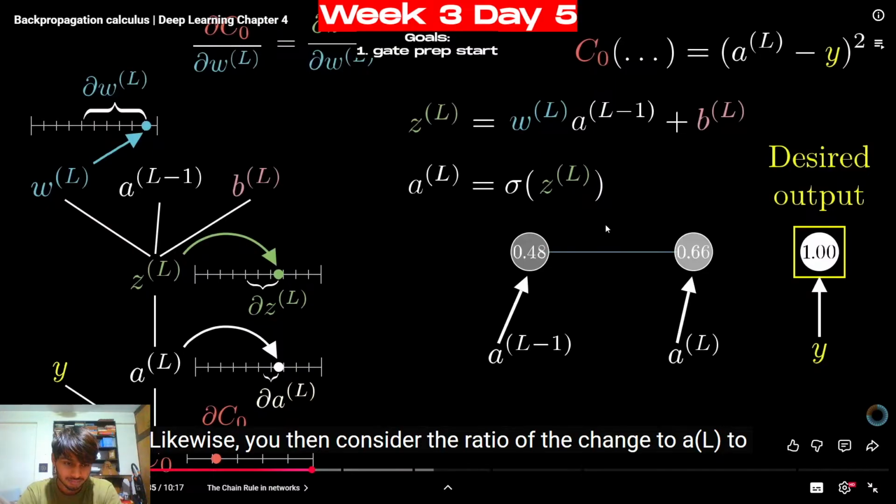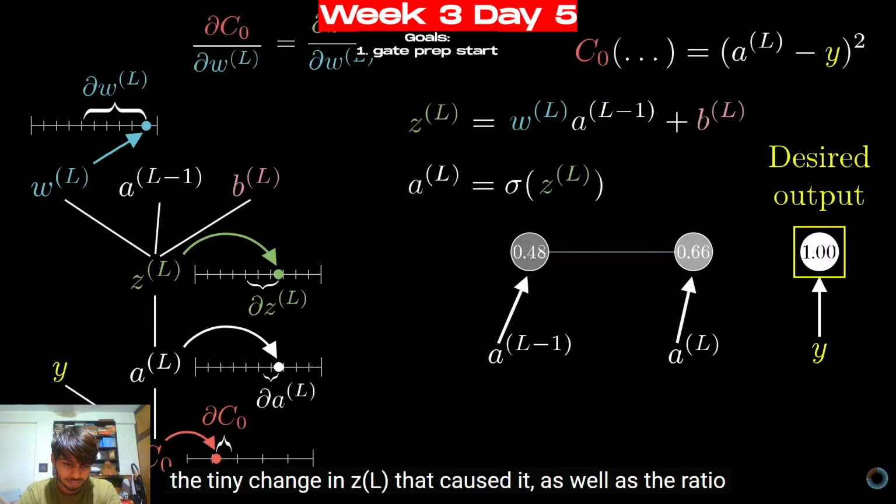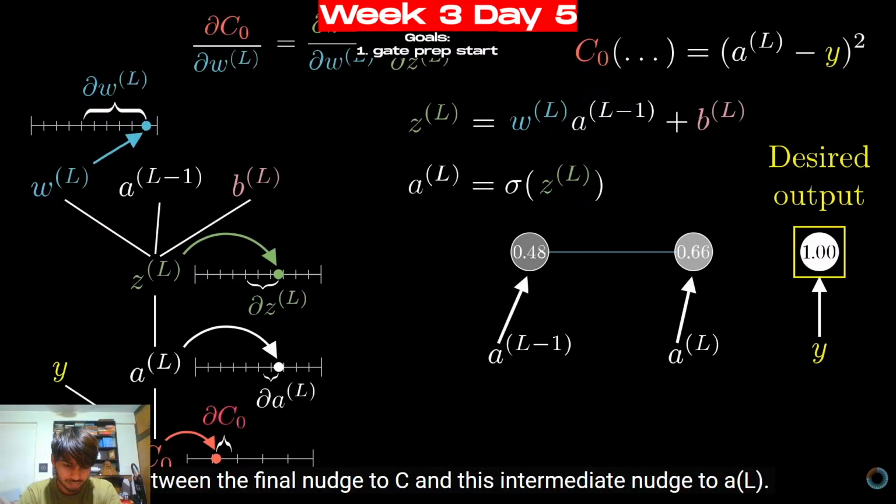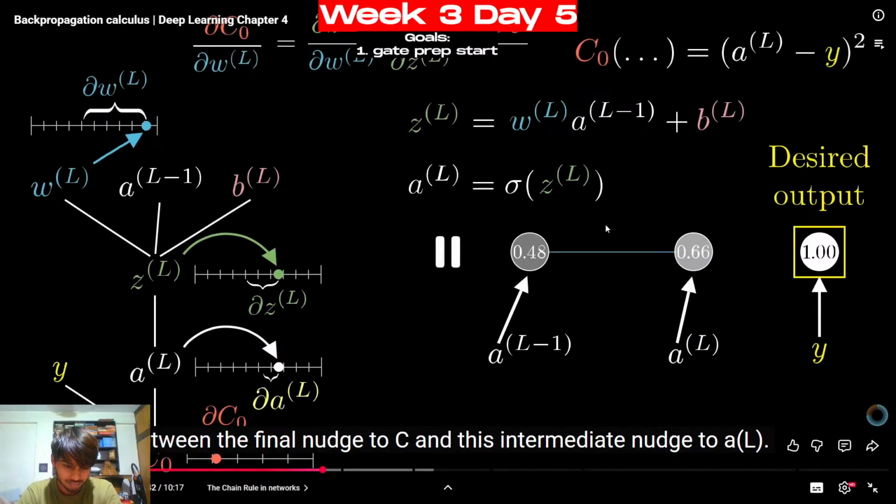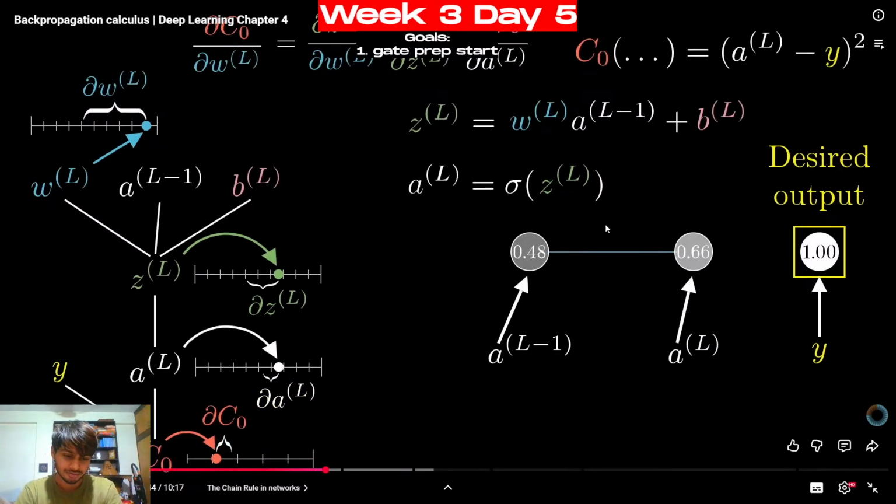Likewise, you then consider the ratio of the change to AL to the tiny change in ZL that caused it, as well as the ratio between the final nudge to C and this intermediate nudge to AL.